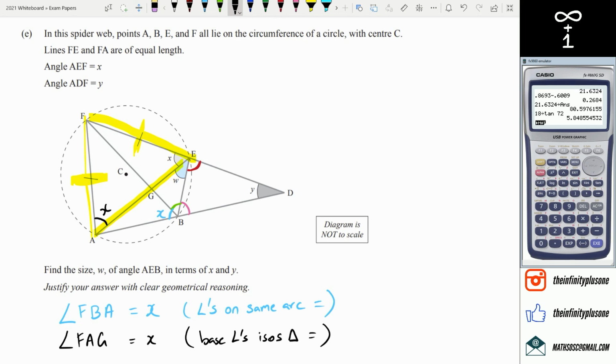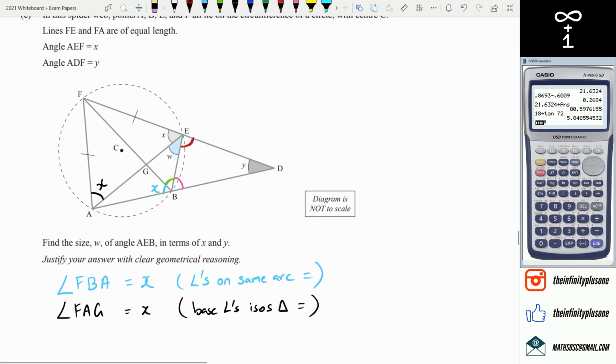Once that's done, I'm going to get rid of the yellow part of this. Hopefully you're with me so far. Next, I can work out what the green angle is. Notice how the green angle is on the same arc as X here, and the arc that I'm looking at now is this part of the arc.